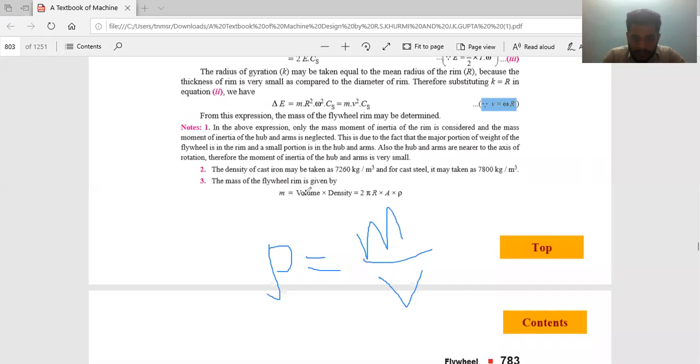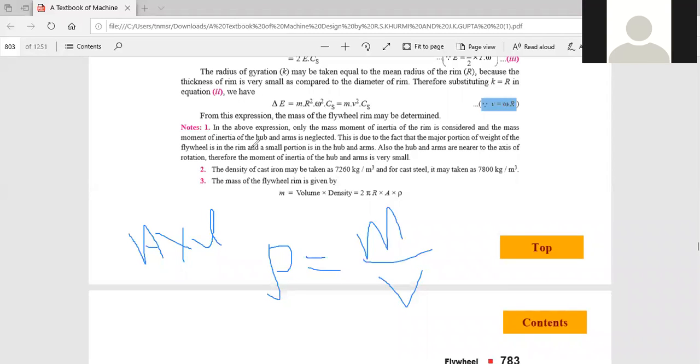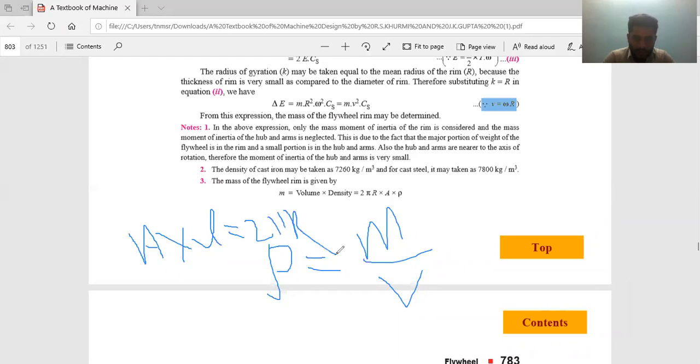Again, volume I can write as area into length. What will be the length of the flywheel? Length of the flywheel is nothing but the circumferential length of the flywheel. That means the circumference of the circle, which is equal to 2 pi r. L is equal to 2 pi r, into area into density.